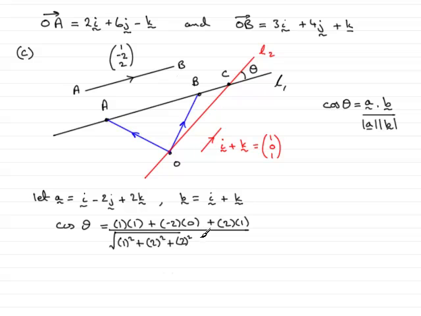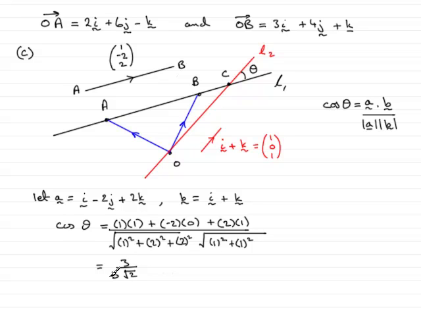And then we multiply that result by the square root of the b values squared. So that would be 1 squared, plus no j's so I'll leave that out, and then we just have the k component there, that's squared. Working this out, you should find the top comes to 3, and on the bottom you've got the square root of 9 here, which is 3, and here you have root 2.